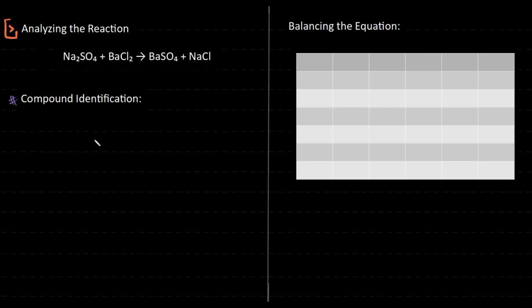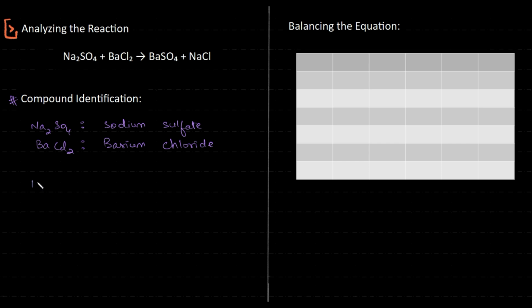Let's look at a double displacement reaction. Now, the things that are involved: Na2SO4, which stands for sodium sulfate. Then we have BaCl2, barium chloride.